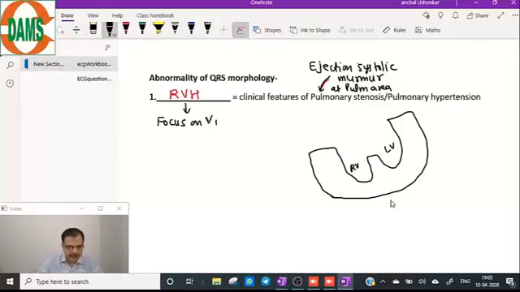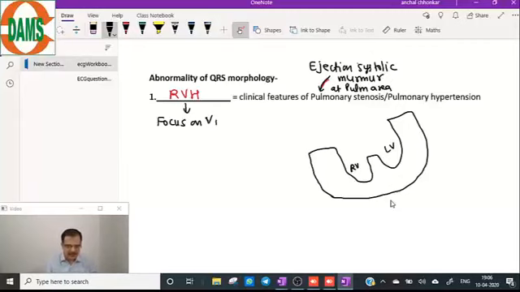So we have just started with the abnormalities of QRS morphology, and the first one is right ventricle hypertrophy. For right ventricle hypertrophy, the clinical features of pulmonary stenosis or pulmonary hypertension will be given, and the lead we should focus upon will be lead V1.